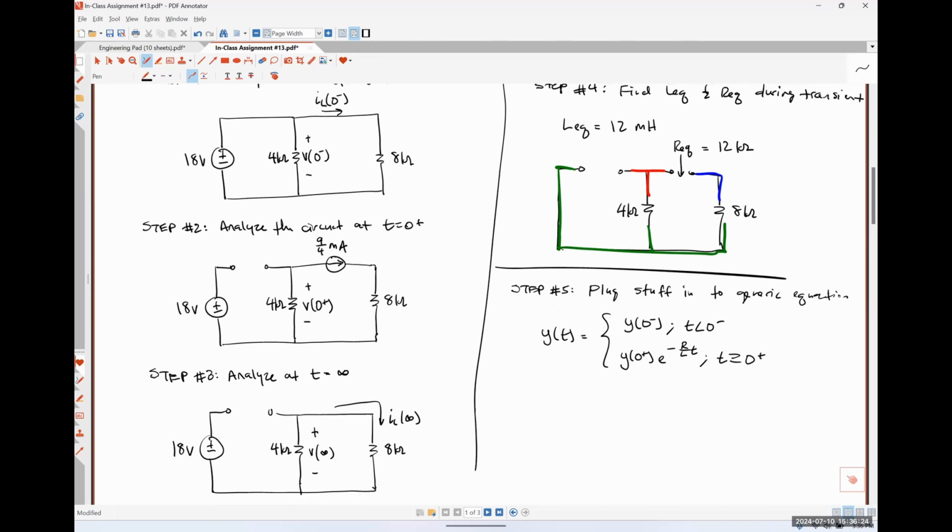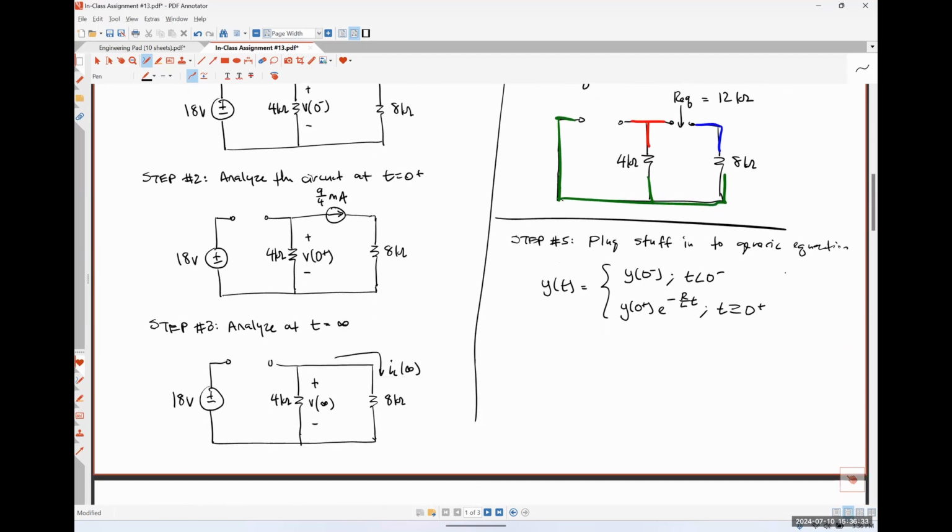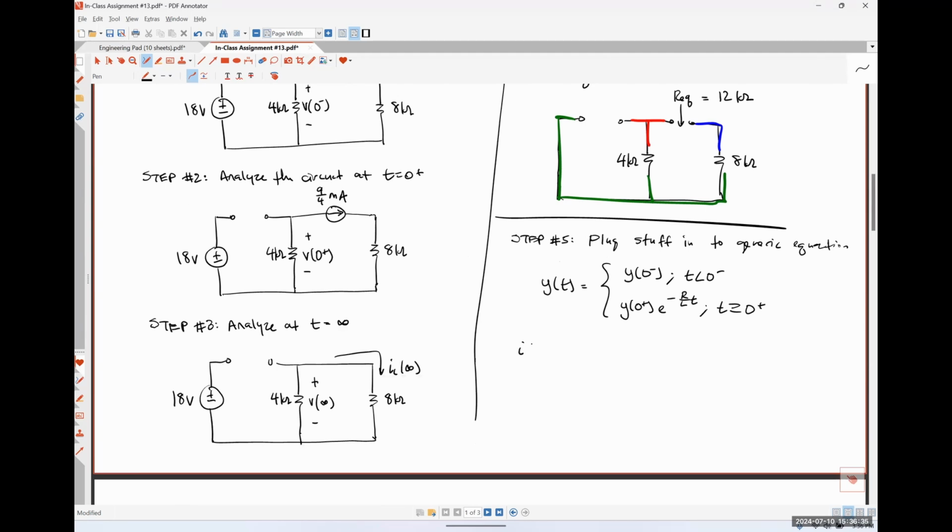Okay. So we are asked specifically for our current i of t and our voltage v of t. So let's do the current i of t first. So what was i at 0 minus?